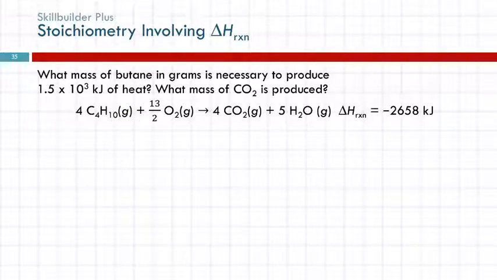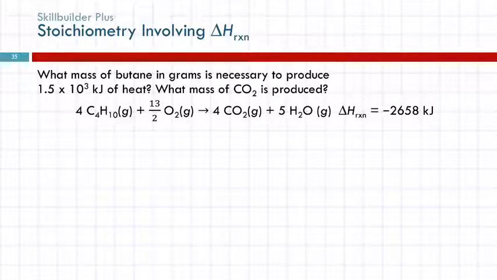But there are situations where this is appropriate, and this apparently is one of them. And so this amount of energy is released when 13 halves, or 7.5 moles of oxygen is burned. So we just deal with the moles that are given as the coefficients.